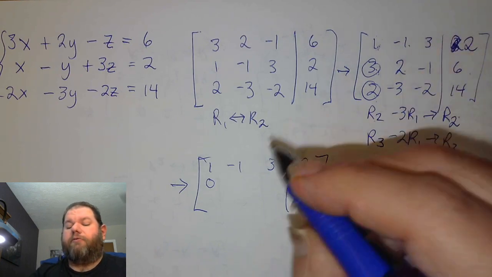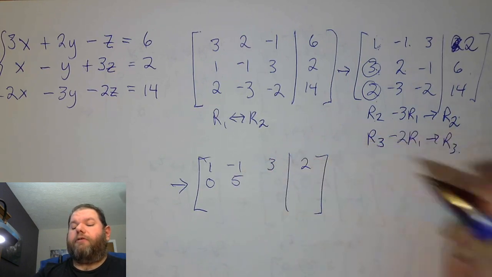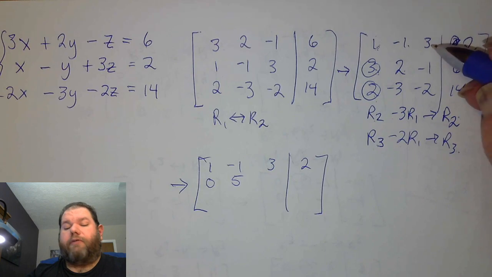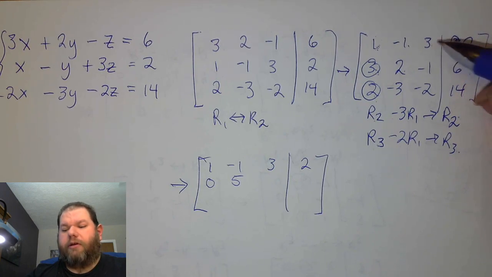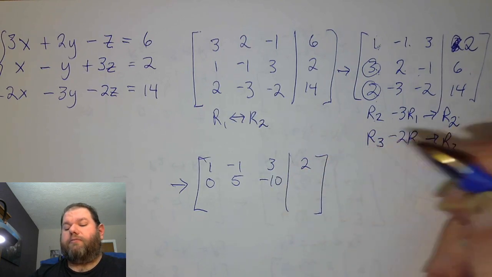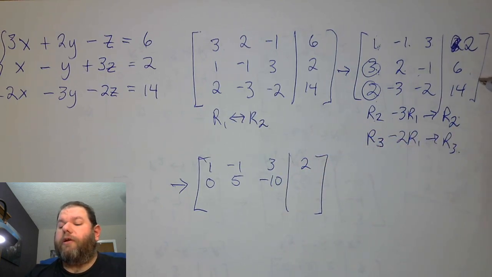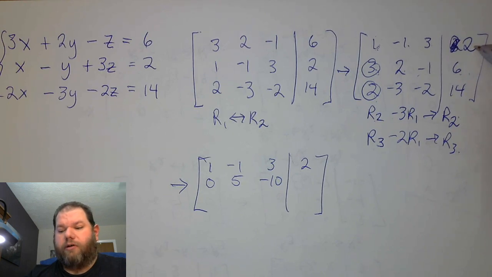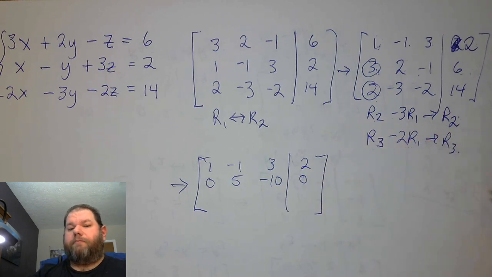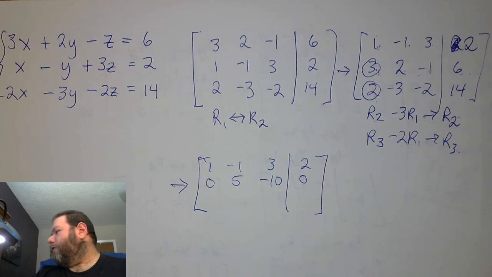So 2 plus 3 will make a 5 here. -1 minus 3 times 3, -1 minus 9, -10. And then 6 minus 3 times 2, 6 minus 6 will give us a 0. So that takes care of row 2.